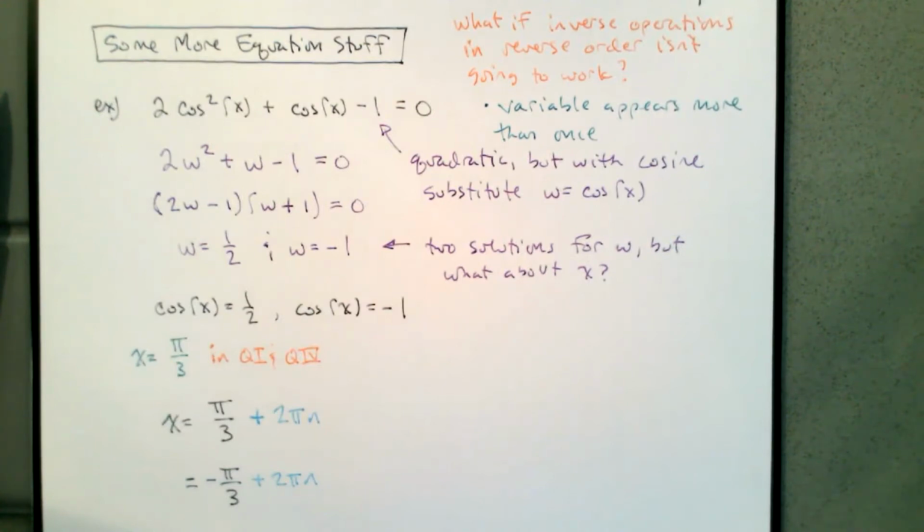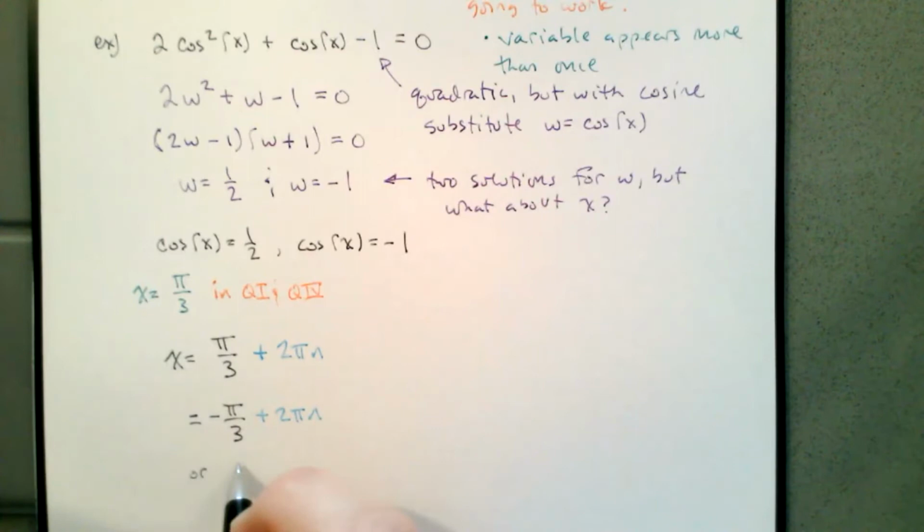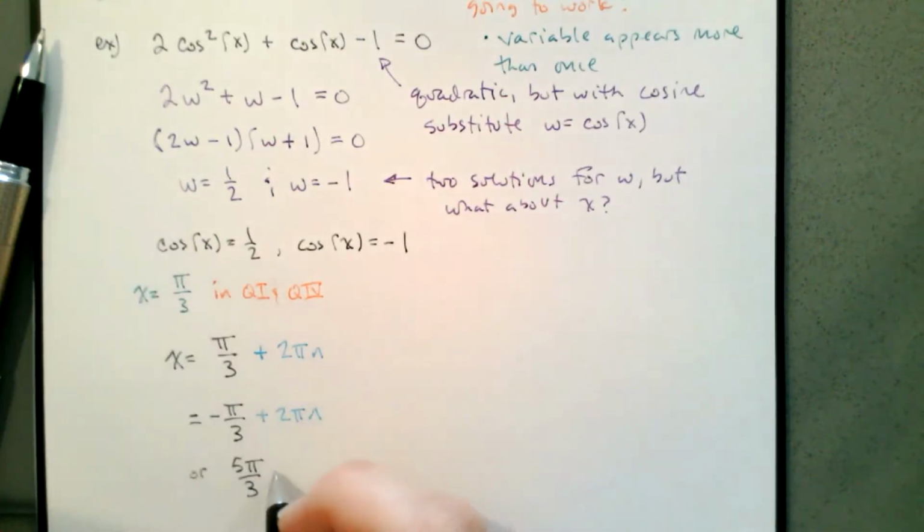If we don't like the negative pi/3, we could just put pi/3 in quadrant 4 and just do 6 pi/3 minus pi/3 and say 5 pi/3. So another option would be to say, or 5 pi/3 plus 2 pi n.